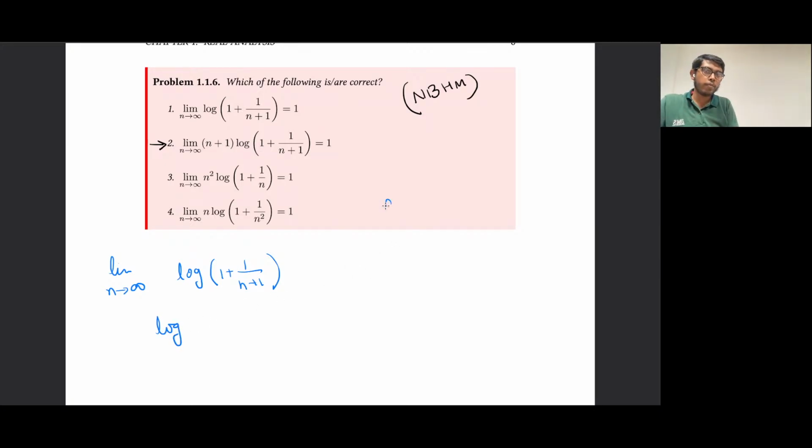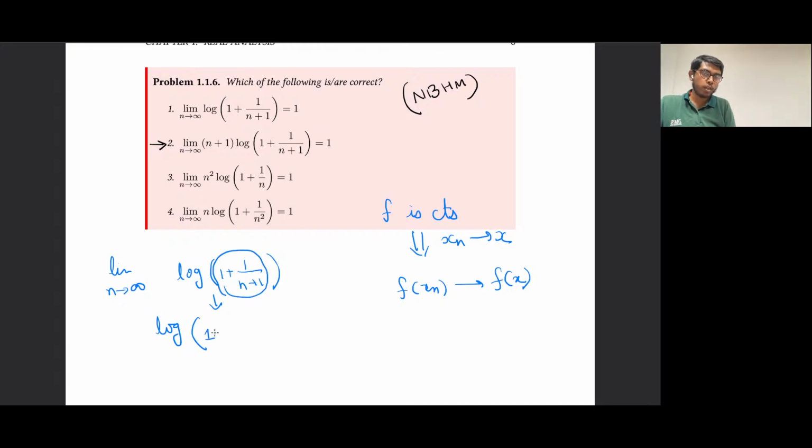So f is continuous and xn converges to x implies f of xn will converge to f of x. So log is continuous, so this will converge to log of this limit. And where does this limit go? It will go to 1, and hence this is equal to 0. But it is given 1, so this is false.